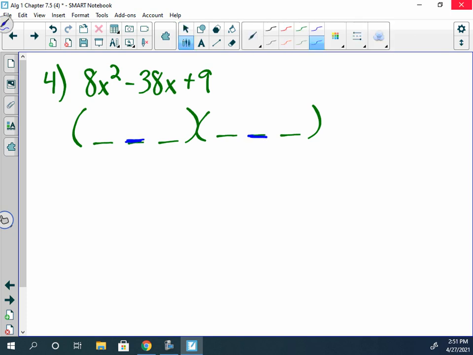Now, it's always good to check to see if there's a greatest common factor, but there's not. One of the big giveaways is 8 and 9. 8 is divisible by 2 and 4, and 9 is only divisible by 3. So there's not a greatest common factor, and it's always good to check to make sure.